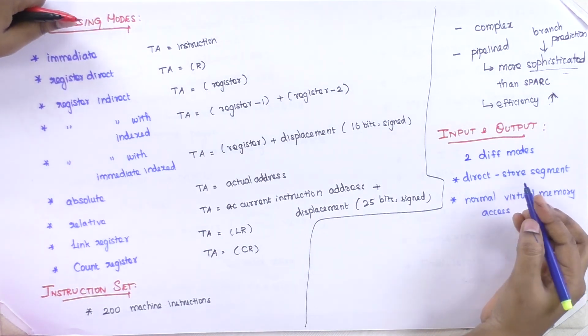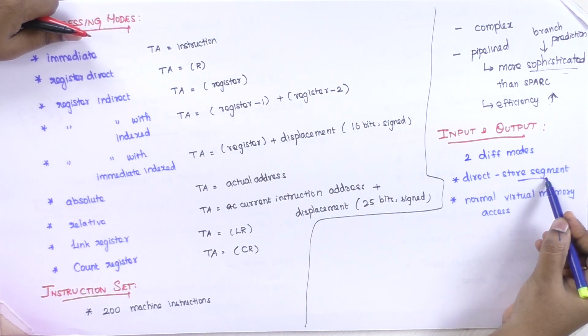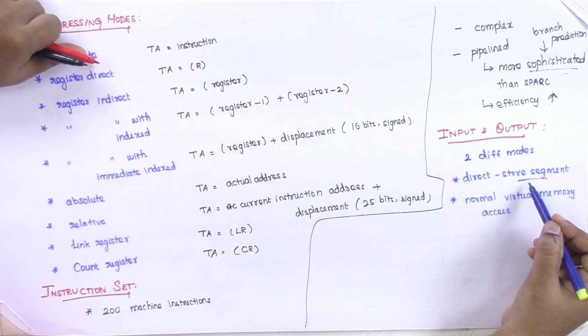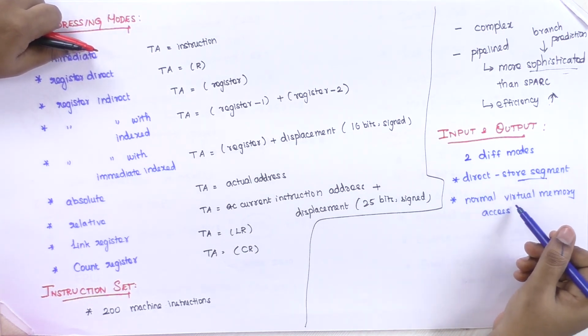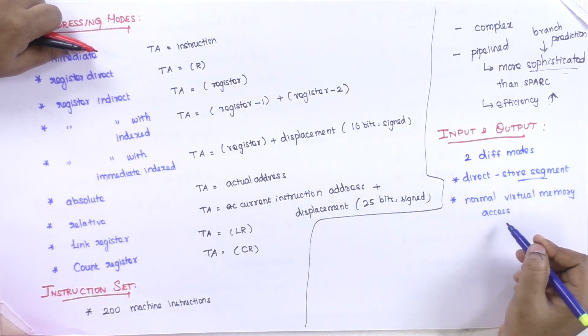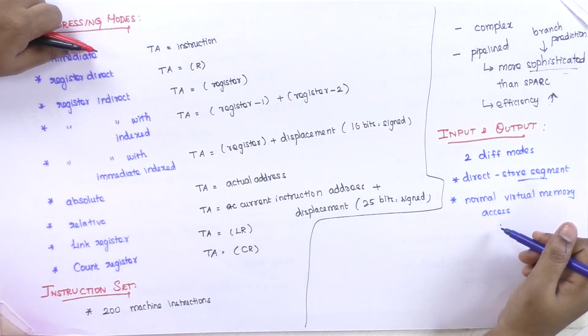Under direct store segments, the segments in virtual address space are mapped onto an external address space, typically an I/O bus. Whereas in normal virtual memory access, a reference to an address that is not in a direct store segment is normally handled as a virtual memory access.